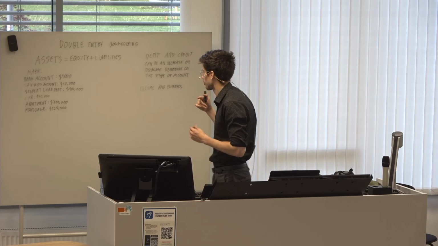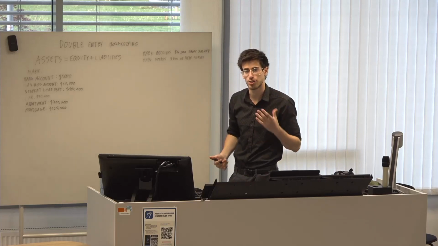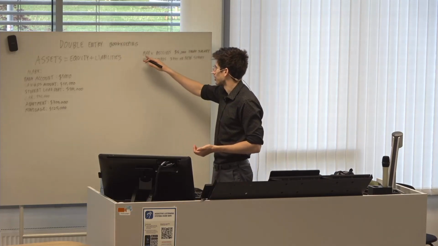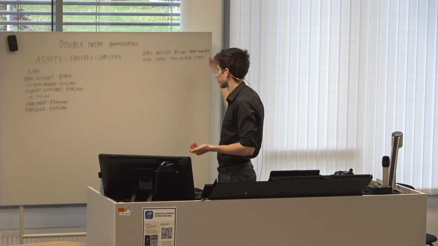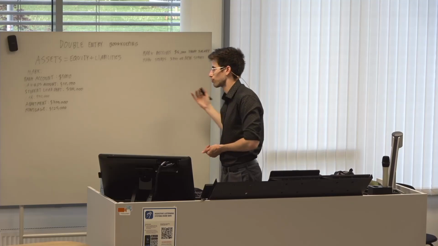So let's look at examples of this. If we look at these transactions that Mark has gone through, essentially Mark receives $5,000 from his salary and Mark spends $300 on new shoes.